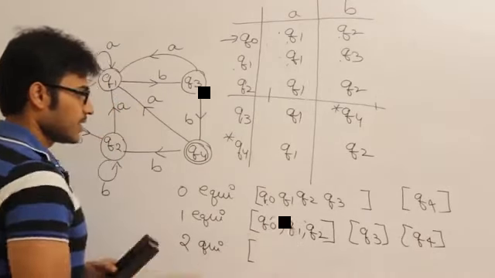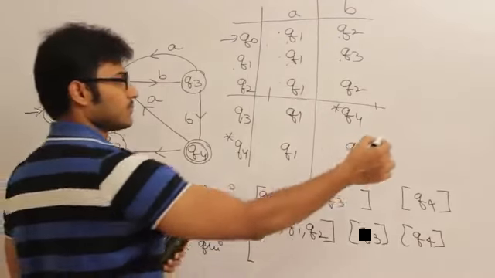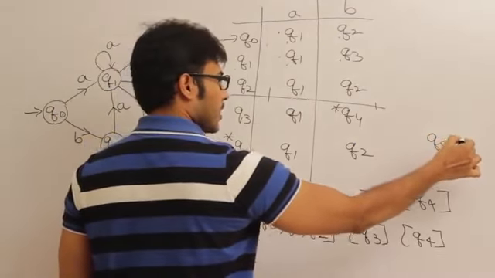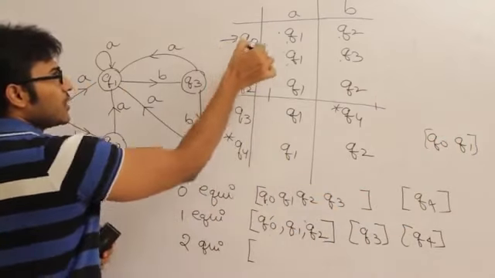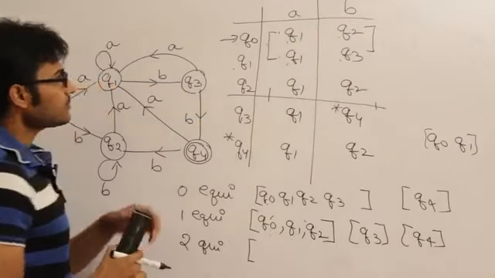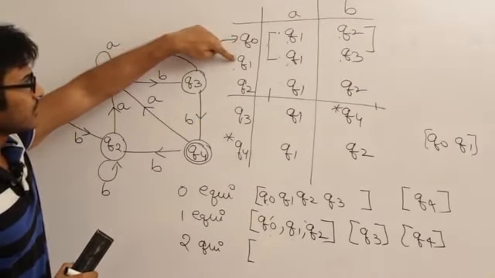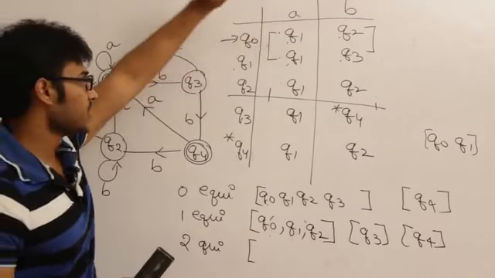Now let us take Q0 and Q1 and see if they are equivalent or not. These are the outputs I need to see. Q0 and Q1 both are going to Q1 on A, that is not a problem, because they are going to the same state.